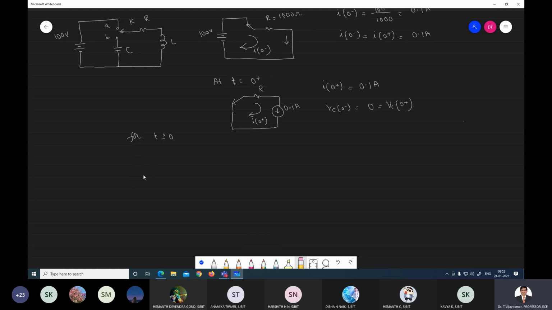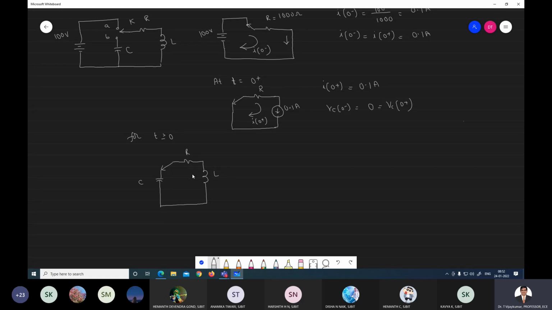So it is connected like this. This is the capacitor, and here the resistor, and this is the inductor, and here it is the C value, and this is the R, and this is the L value.